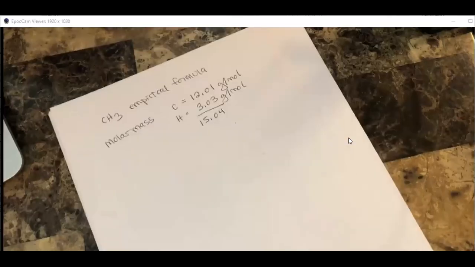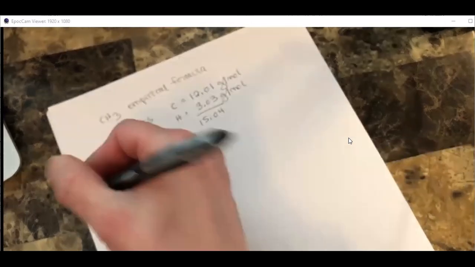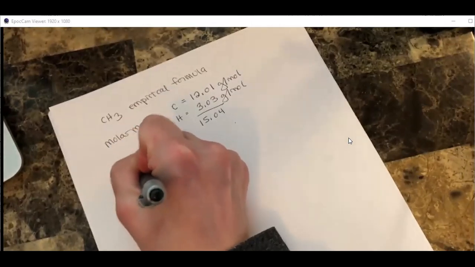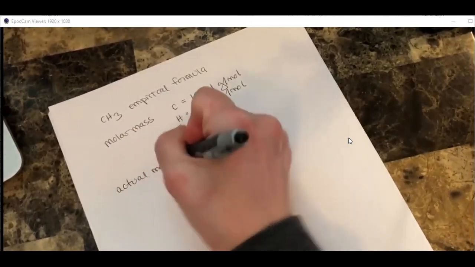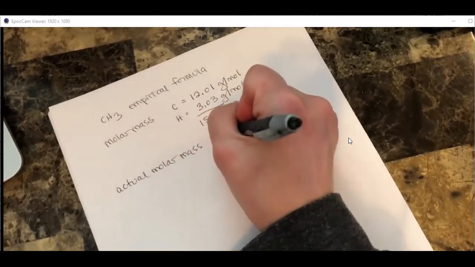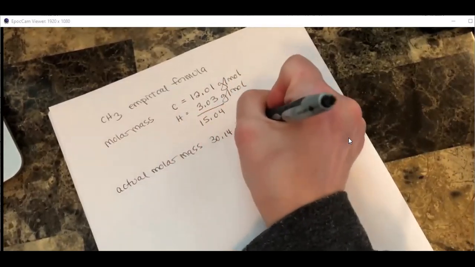Okay, the reason I didn't know what they were talking about on here, as I'm copying over some notes, is it was off of another problem. So we're going to assume that the actual molar mass in the original problem is 30.14 grams per mole.